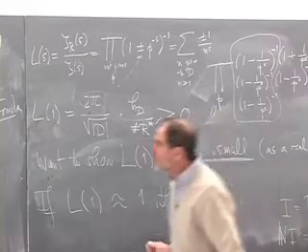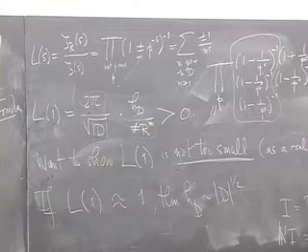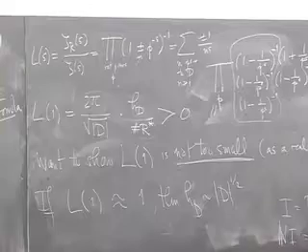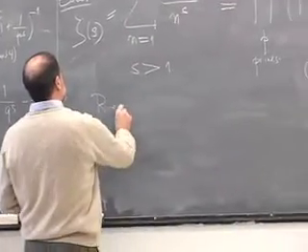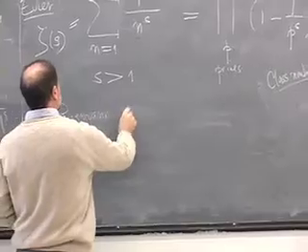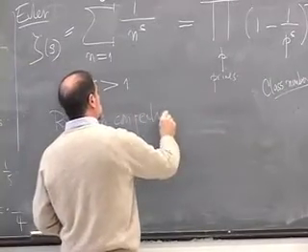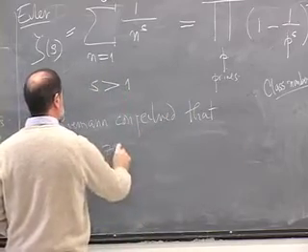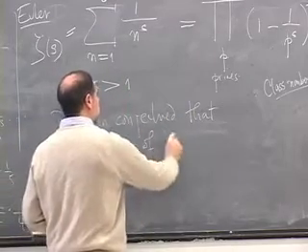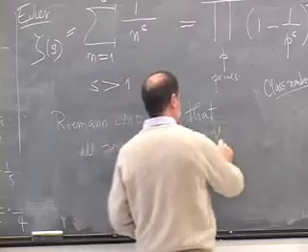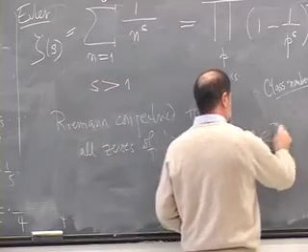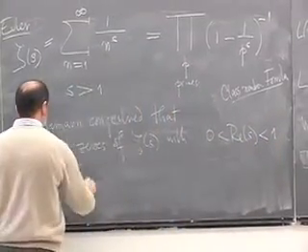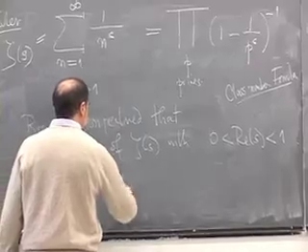The Riemann hypothesis says that this function here, the zeta function, Riemann conjectured that all zeros of zeta of s with the real part of the zero between 0 and 1 have real part equal to a half.